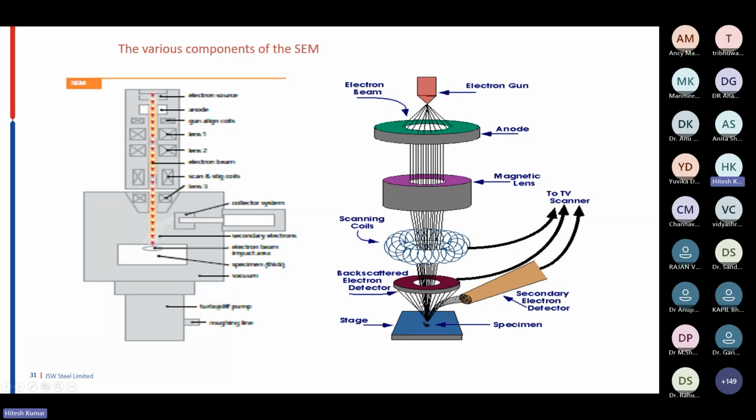There are different methods by which we can use magnetic samples in SEM. You can use low vacuum mode or environmental mode, where we might use some magnetic samples.